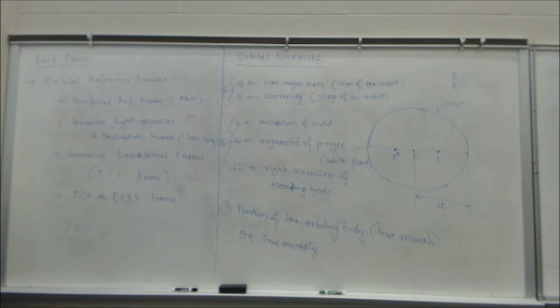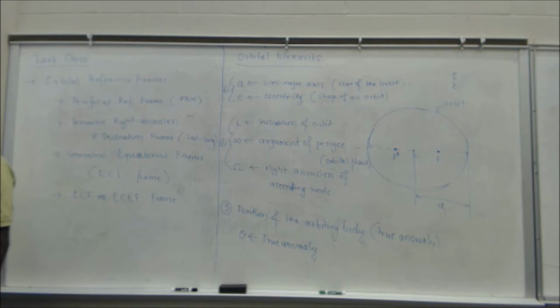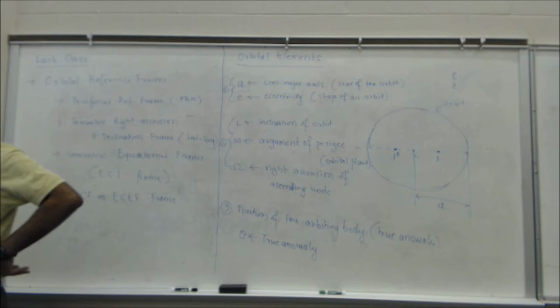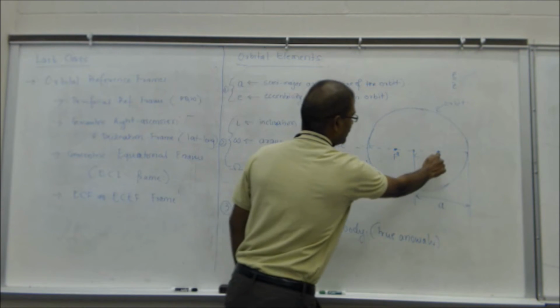This whole thing is the orbit. The equatorial plane is just overlapping the orbital plane, this part. Where is the central body? The central body is here. This is the point we have been discussing.